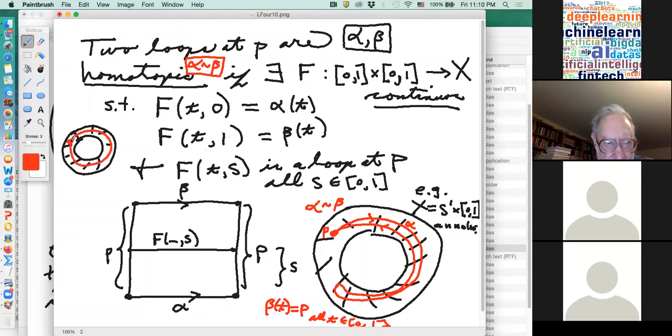And if you tried to contract this loop, you run into the fact that the missing region here doesn't let you continuously deform the loop over that region, and in fact you won't be able to. It's not homotopic to the trivial loop. This is the trivial loop.